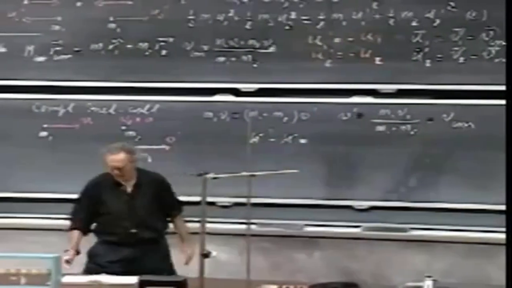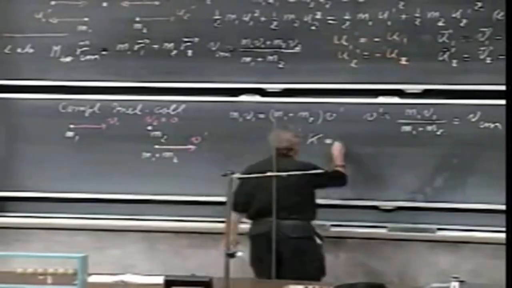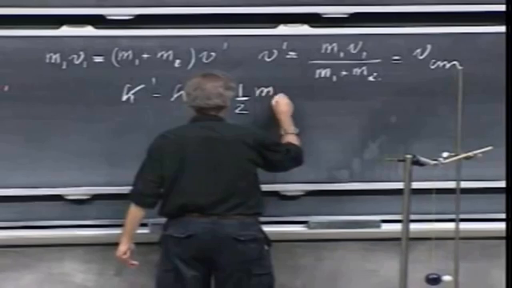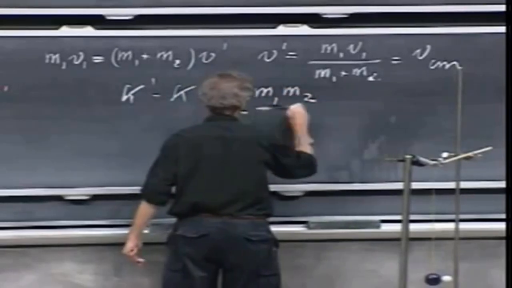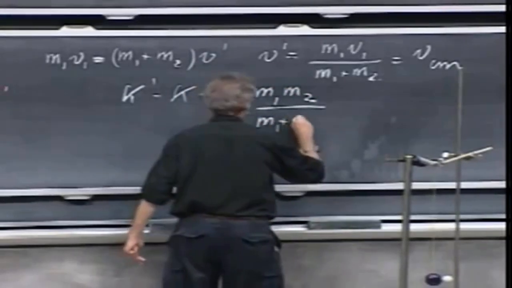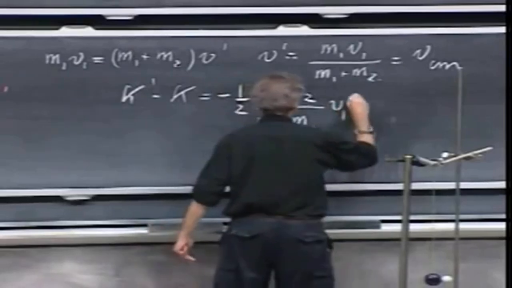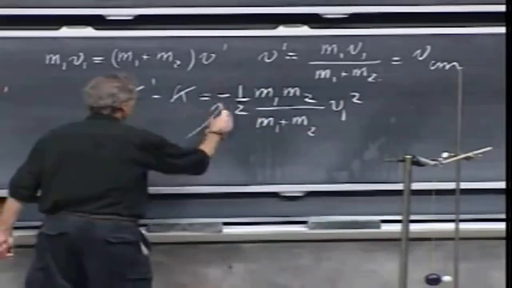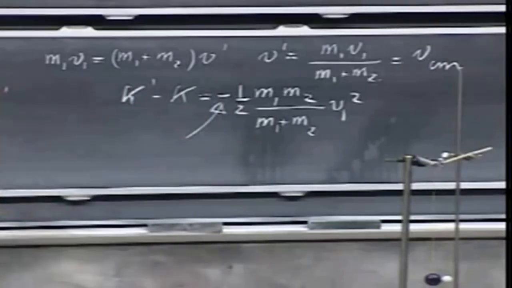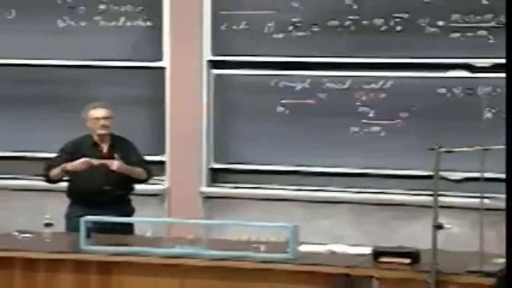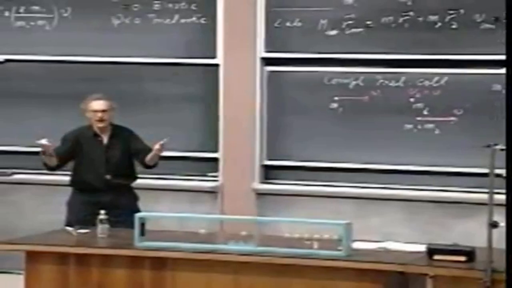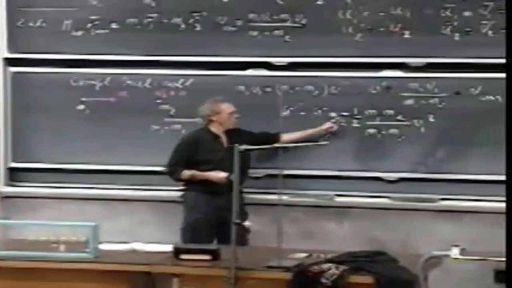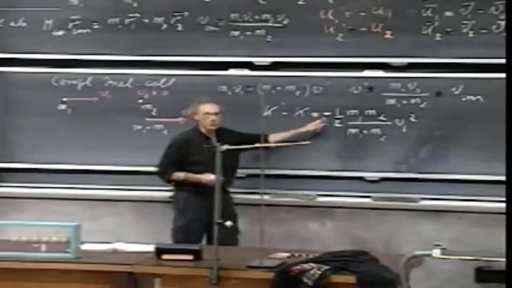I'm sure you can do that, and you will be able to see that this equals minus, you have to massage the algebra a little bit, minus 1/2 m1 m2 divided by (m1 plus m2) times v1 squared. That's what you will find. The minus sign is predictable. We lose kinetic energy. When there is a completely inelastic collision, we've done many last lecture, you lose kinetic energy. We saw it in every single case. That's what the minus sign means. This is Q.